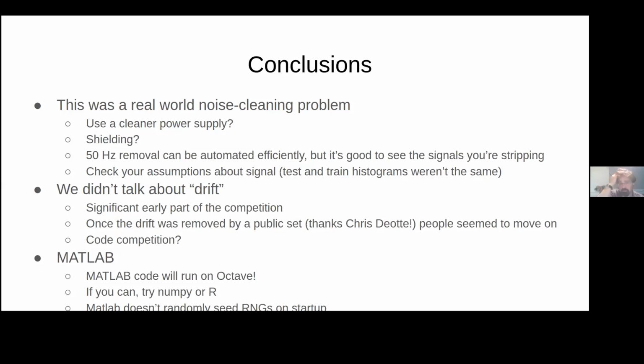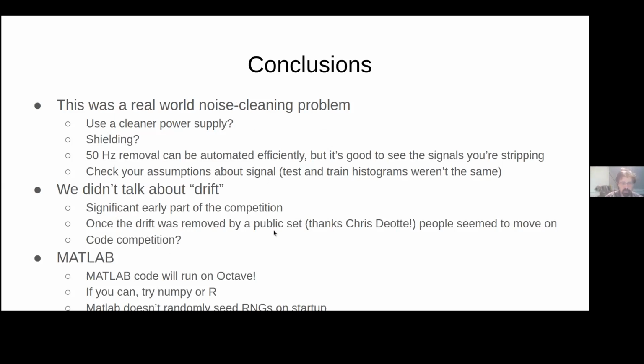A piece of aluminum foil might have eliminated a lot of that 50 hertz noise. It can be automated efficiently, but you still want to actually look at what you're removing and make those plots, and always check your assumptions about the signal by making the plots and looking at what the signal really looks like instead of just printing out statistics about it.